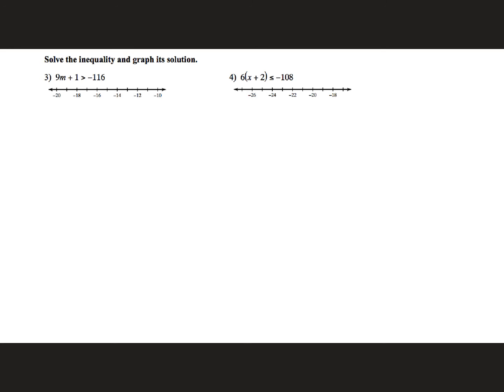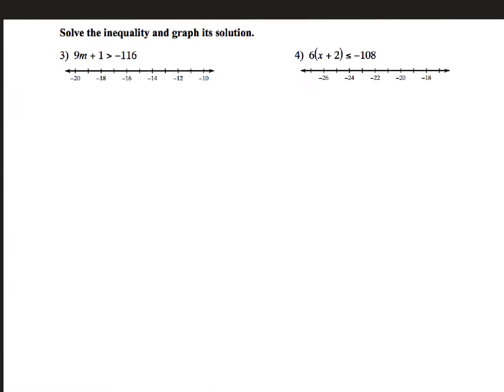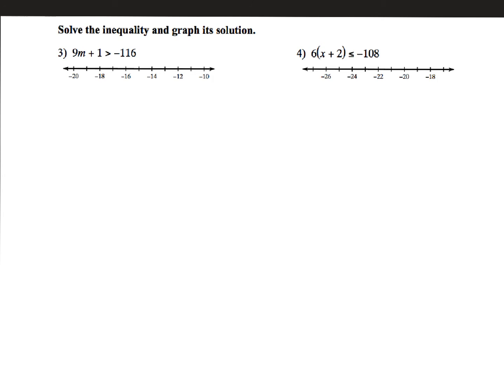Next one, we got inequalities. The only difference when you're solving inequalities versus equations is if you have to multiply or divide by a negative. If you don't have to do that, then you don't have to worry. So first thing I would do is subtract 1, so you get negative 117.